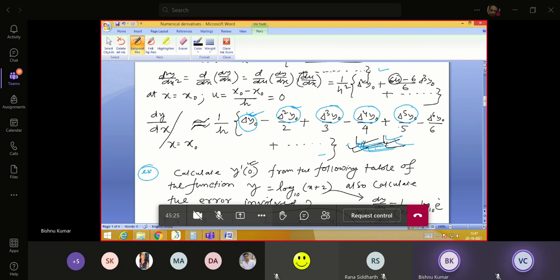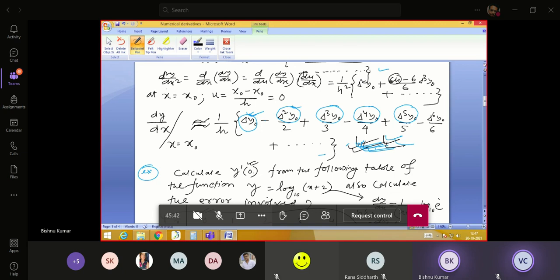The same type of expression we can get if I use Newton backward interpolation for the last point derivative or second last point derivative. And that time our series will be simply a plus series, not an alternating series.